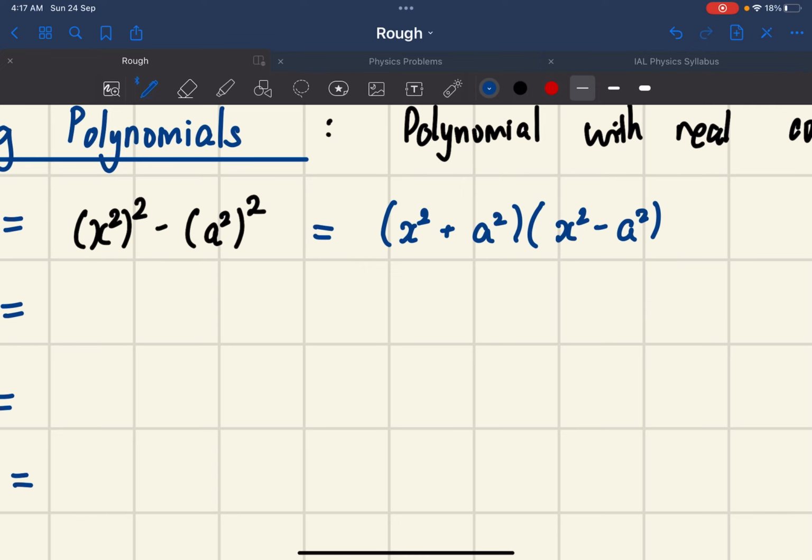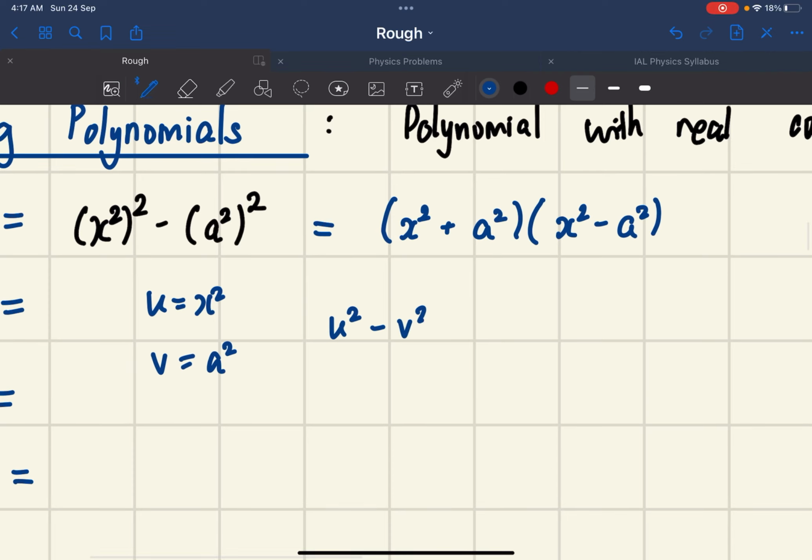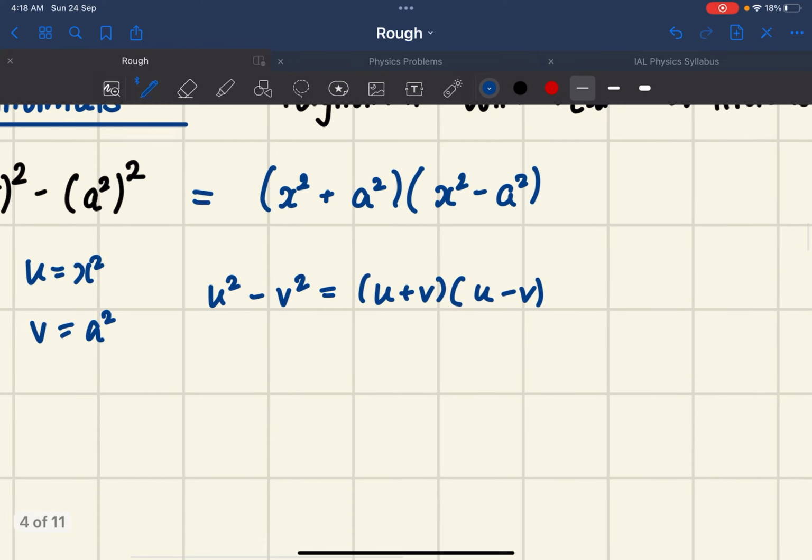If you're not that sure, you can substitute u equals x squared, v equals a squared, then x squared is u squared, minus a squared is v squared, and directly apply the formula you've probably been forced to memorize by a math teacher. Ta-da! Substitute x squared, a squared in, and we get this.